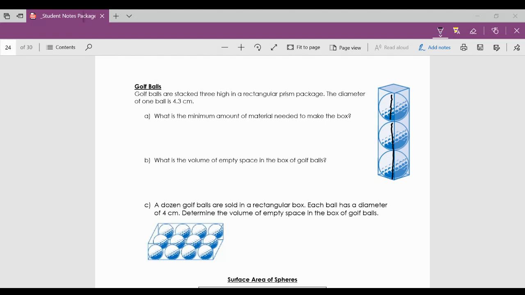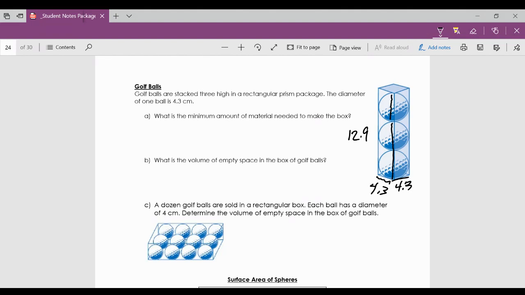So if you multiply 4.3 by 3, you're going to get the height of that box, which in this case is 12.9. And the width of that box is the diameter of one golf ball, or 4.3. And the length, again, is one golf ball's diameter, or 4.3.